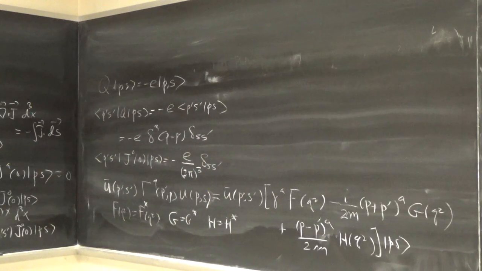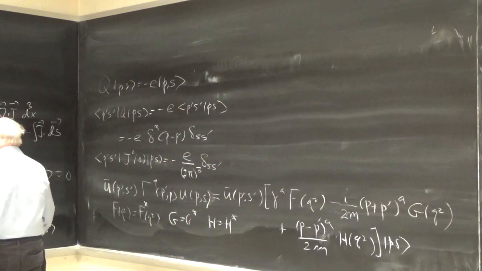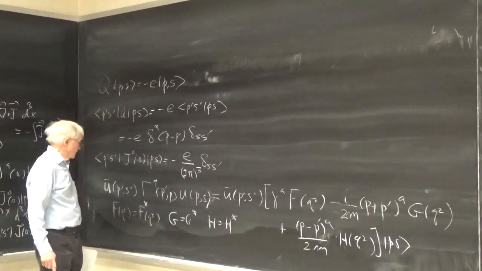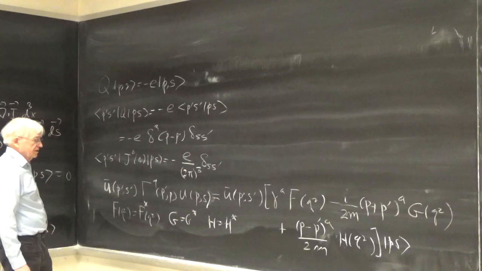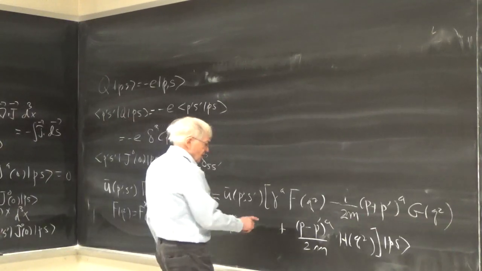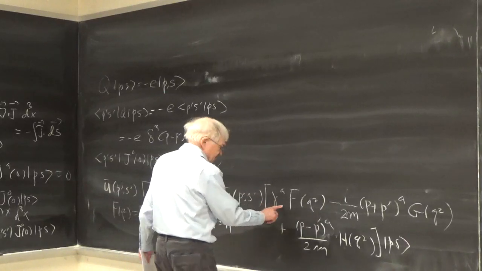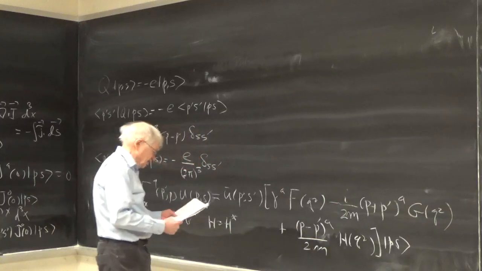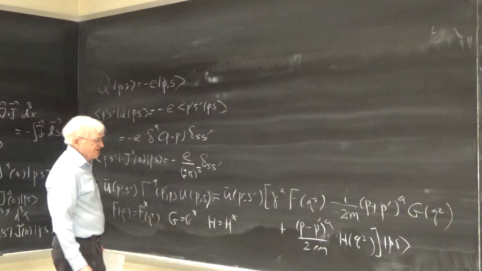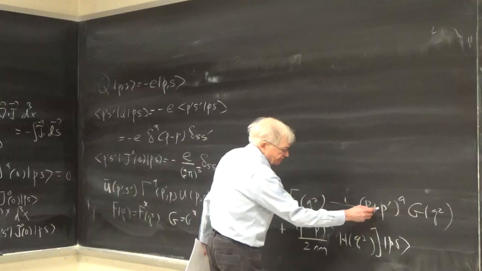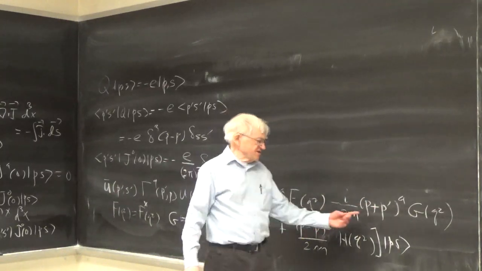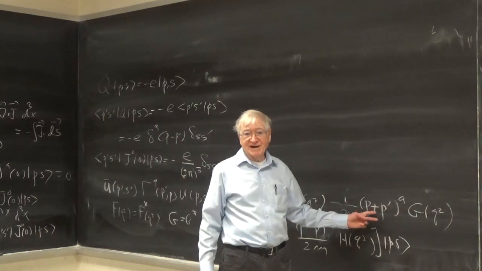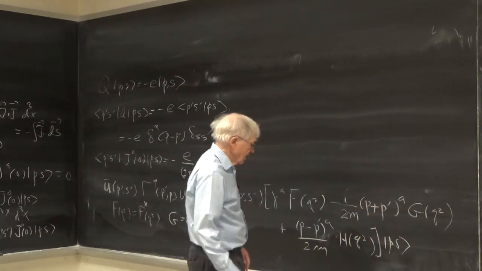And now charge conservation, which is that (p′ − p)_A dotted into J_A should give 0, means that if (p′ − p)_A is dotted into this expression, we should get 0. That works fine for this term and this term. In particular, this term just gives you p squared minus p′ squared, so that's minus m squared minus m squared, and that's 0.